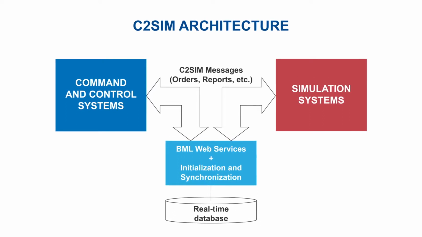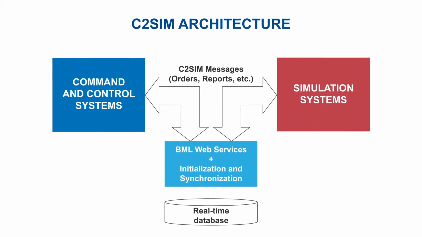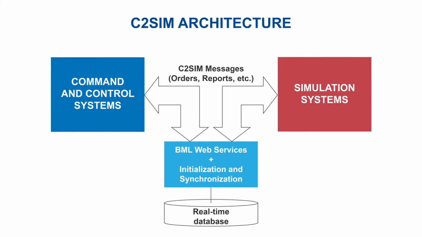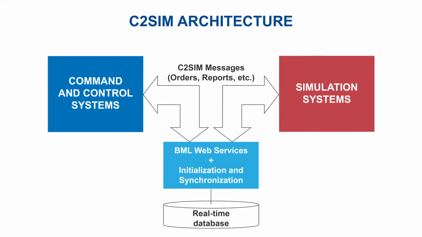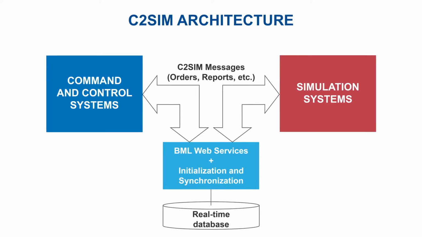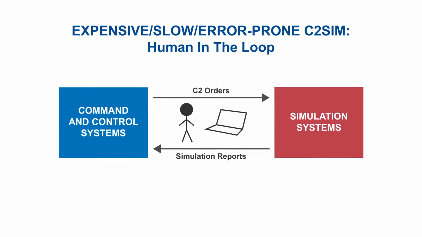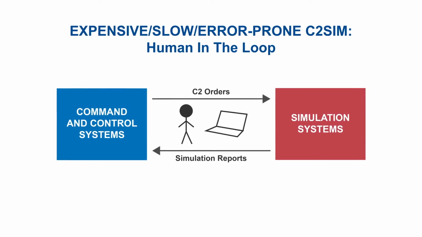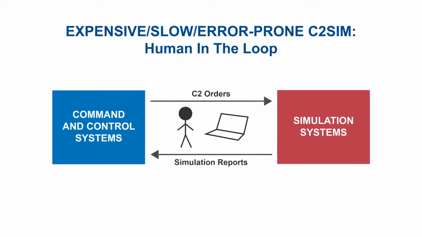Using simulations inside C2 systems provides a powerful tool for support of training, mission rehearsal, and analysis of proposed plans, which requires linking these powerful and complex software systems together. Until now, this has required either a human to copy information between C2 and simulation systems, or custom-built software interfaces for each system involved.